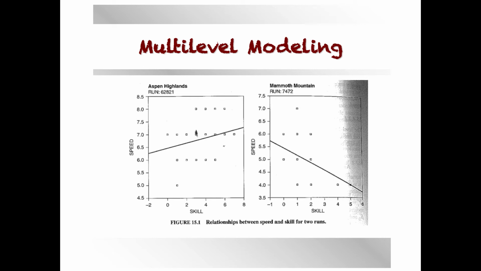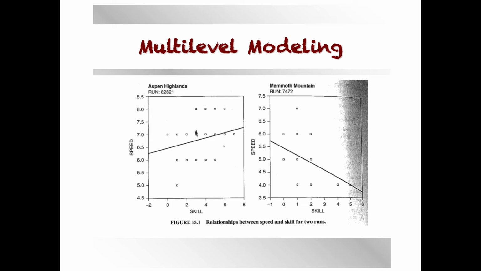But anyway, you can see that the intercept there on the y-axis is somewhere between 6 and 7. And then for the first ski run, 7472, it's a little bit lower than that. It's a little bit below 6.